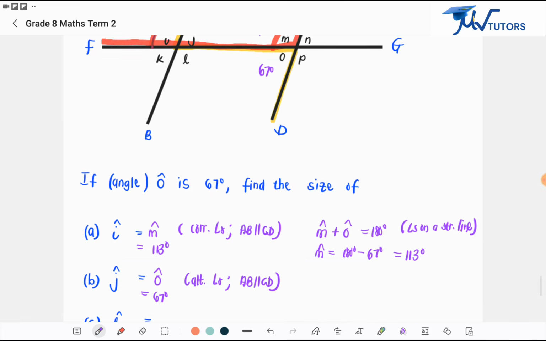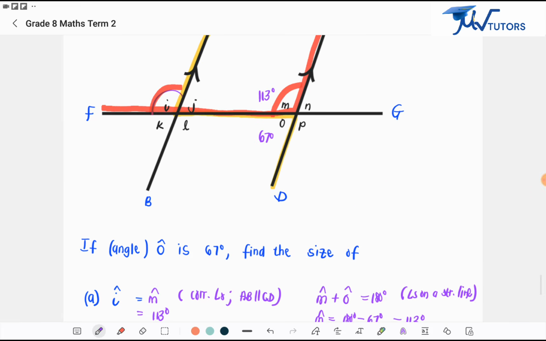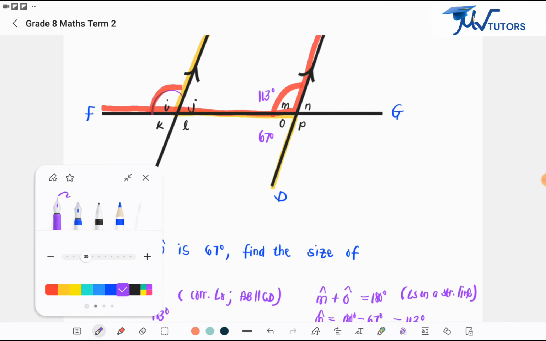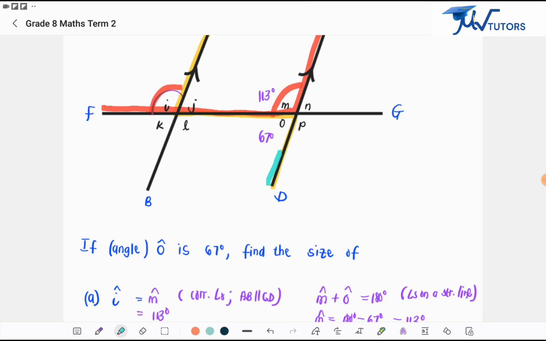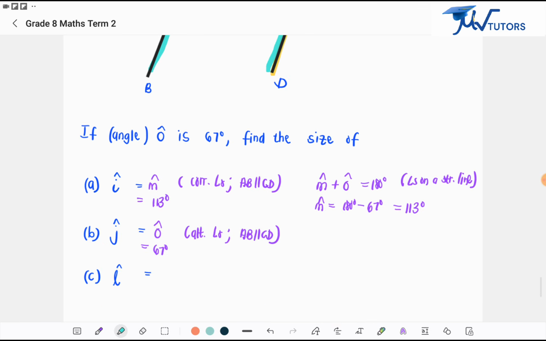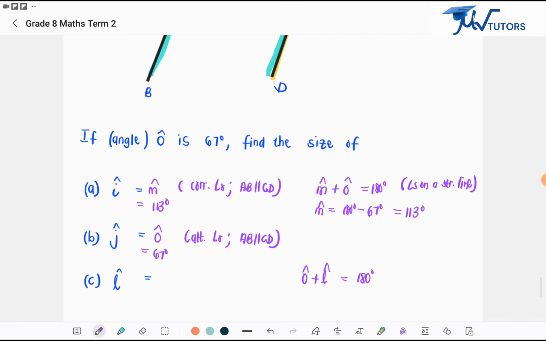Let us get the angle L. So this is L over here. What do you notice about O and L? Let me give you a few seconds to think about it. I hope you see that O and L are co-interior, meaning they are equal to 180 degrees. They are supplementary. What is O? It's 67.